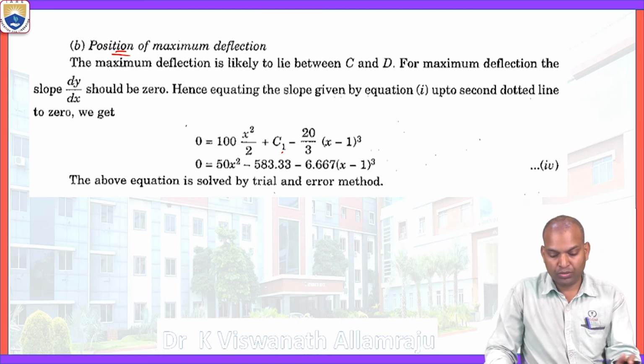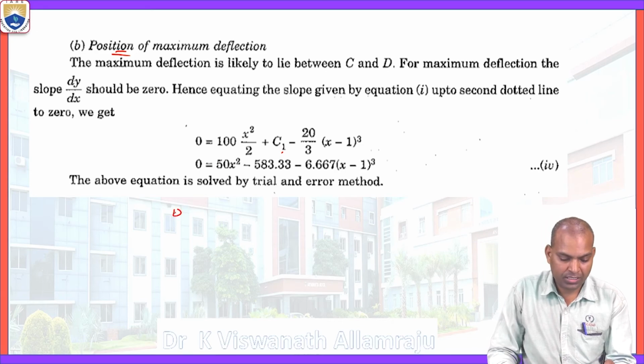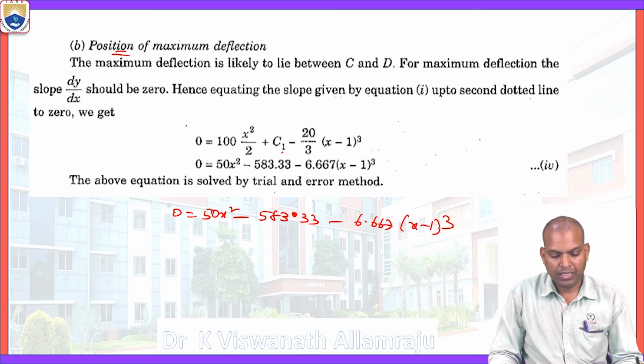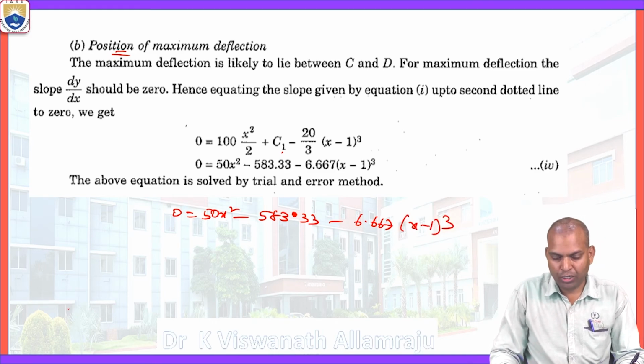Here, how to find this x value? It is not in the form of 583.33 minus 6.667 into x minus 1 whole cube. So this is a cubic polynomial.